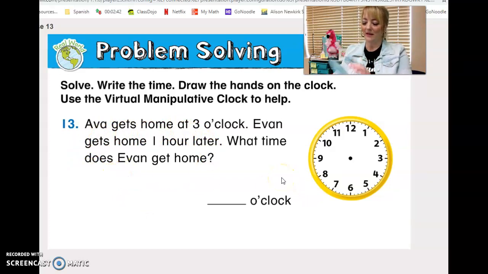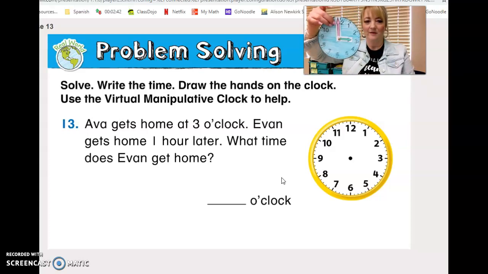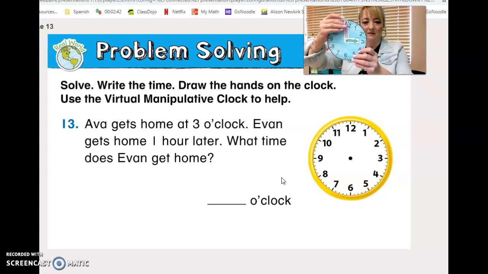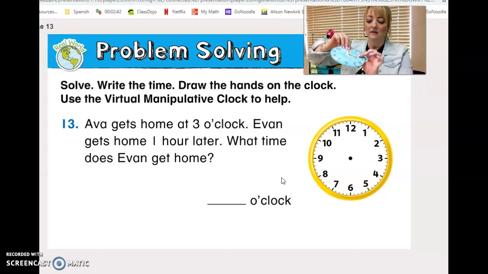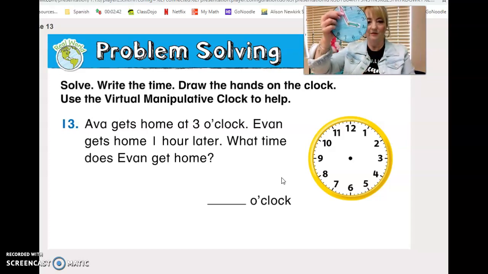So Ava gets home at 3 o'clock. Evan gets home 1 hour later. So the minute hand would go all the way around, and then the hour hand would move 1 to show 4 o'clock.